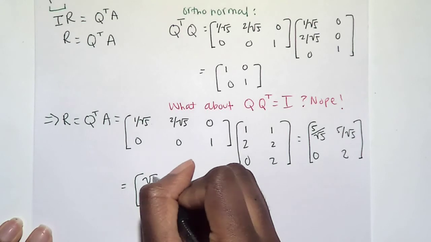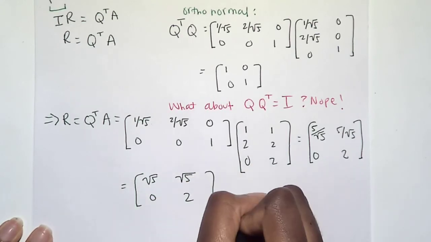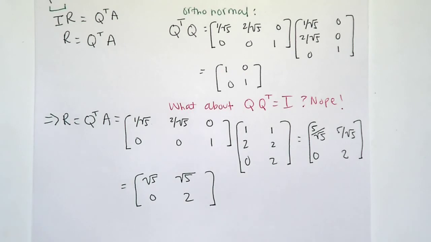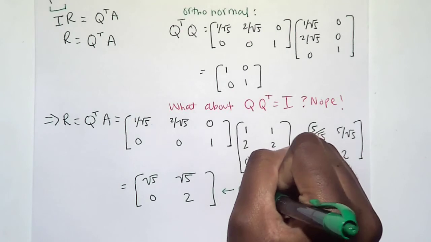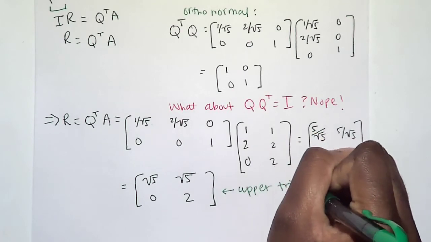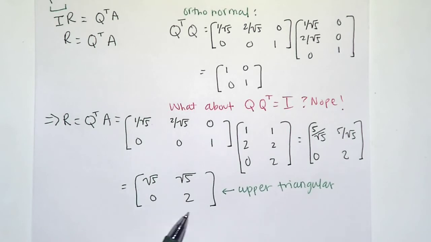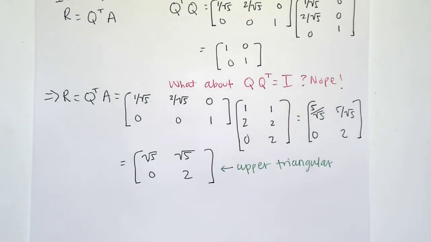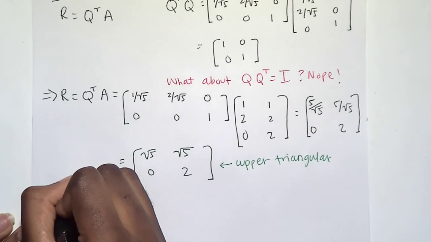We can stop here, but I'm going to make it look slightly better. This is just root 5. And note that this is an upper triangular matrix with positive entries down the diagonal. Okay, do we believe that we have found the QR factorization? Let's verify this.